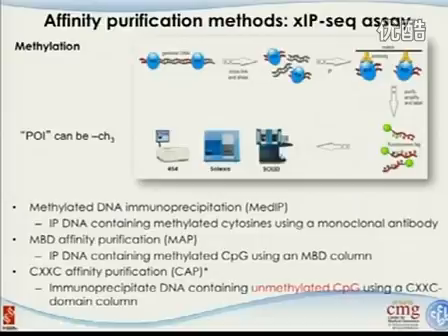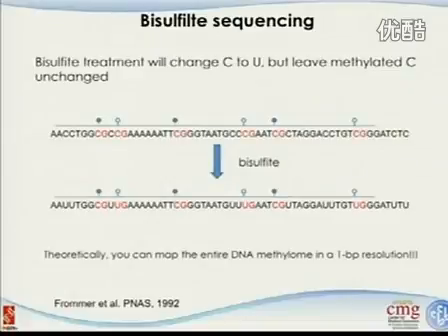So everything that flows through was actually methylated. But regardless of which approach you use here, you are using this kind of antibody affinity purification based method, and it's very similar to ChIP-seq type technology.